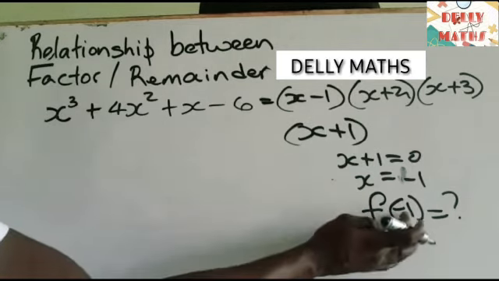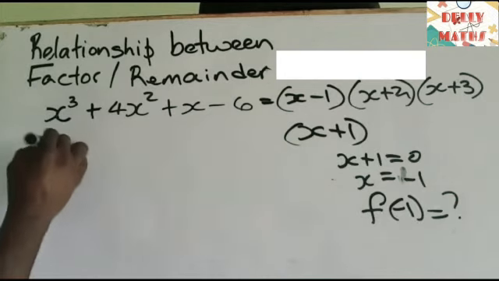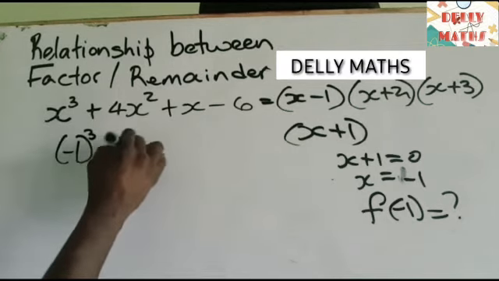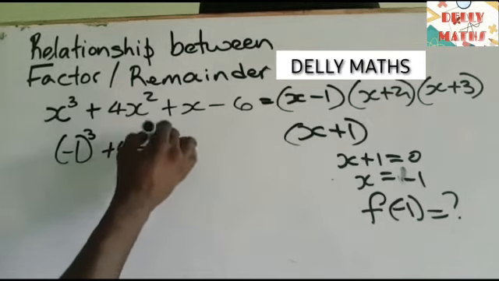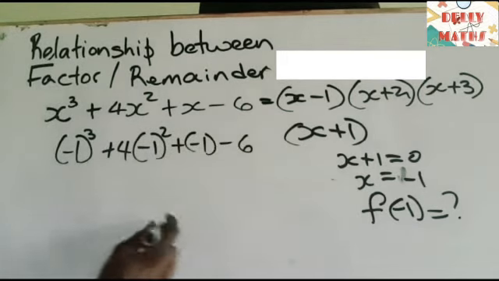So I'm going to evaluate the function using negative 1. What we have is negative 1 to the third plus 4 times negative 1 squared plus negative 1 minus 6.